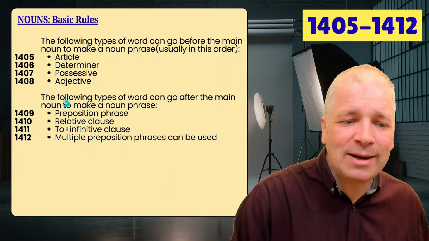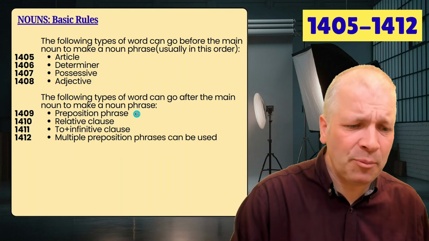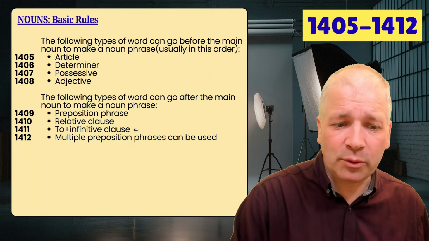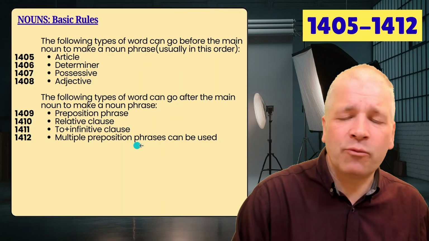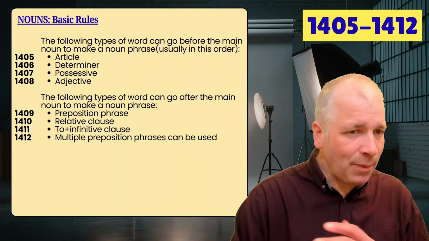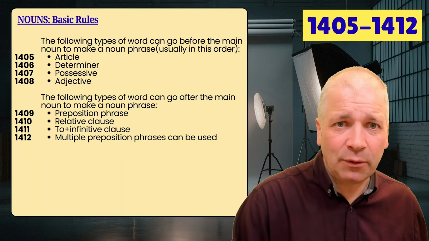Now, after the main noun, this is called post modification. We can have a preposition phrase, relative clause, a to plus infinitive clause, and it's worth reminding ourselves that you can use multiple preposition phrases. But again, go back to the section on noun phrases earlier in the video for more detail on this.